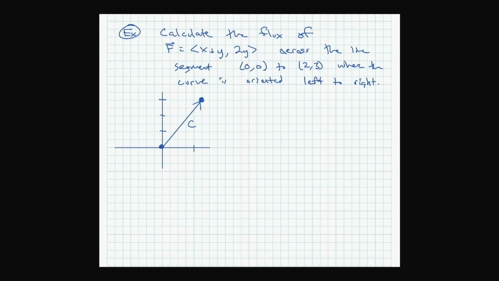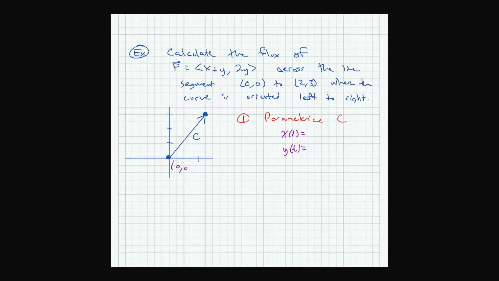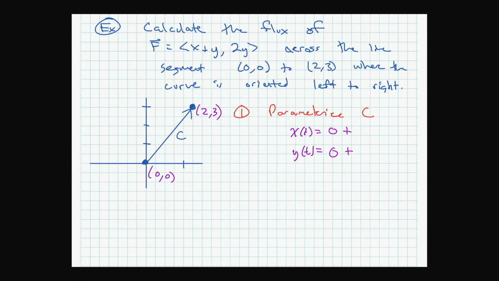So step 1 is going to be parameterize C. So for this one, your x of t and your y of t, we talked about parameterizing line segments. What you can do is simply start out with your first, you have 0, 0, and you have 2, 3. And so you can go like 0, 0, plus, and then you basically calculate a slope here.